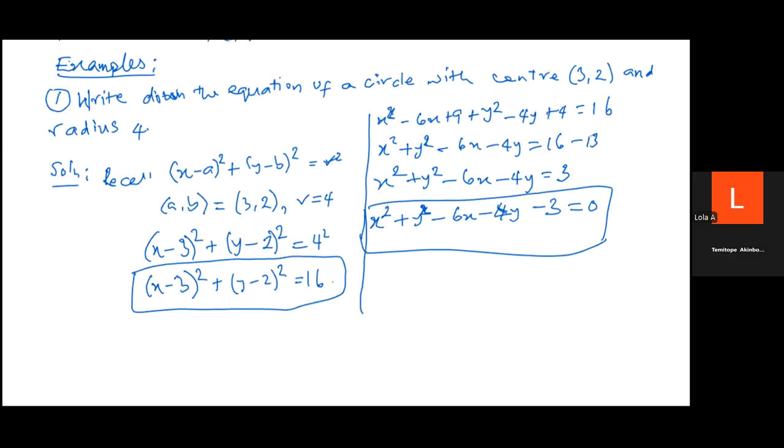So write it down. If the question is silent about the mode in which you are to leave your answer, just like this one, where you just write down the equation of the circle, the way we have written it as (x − 3)² + (y − 2)² = 16 is sufficient to answer that question, because the question is silent about the mode in which you should leave your answer. Is that clear? Yes, sir. Okay.